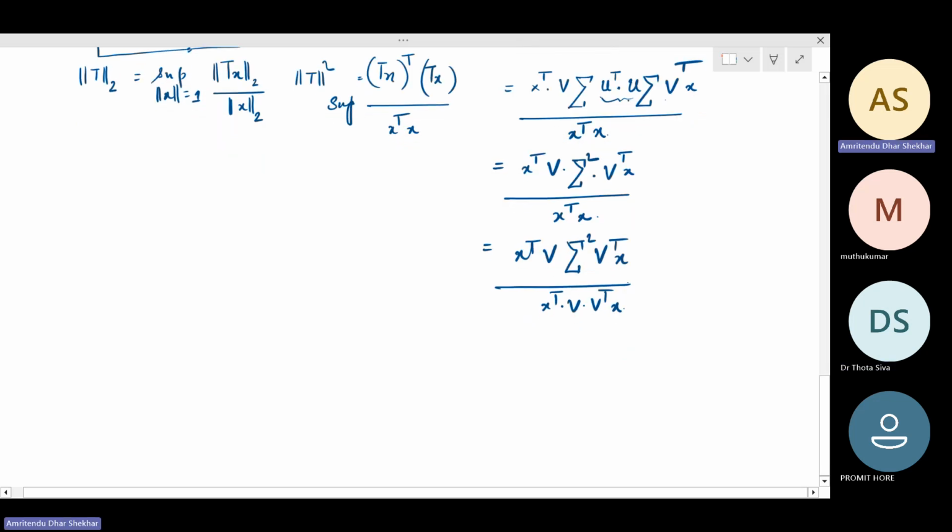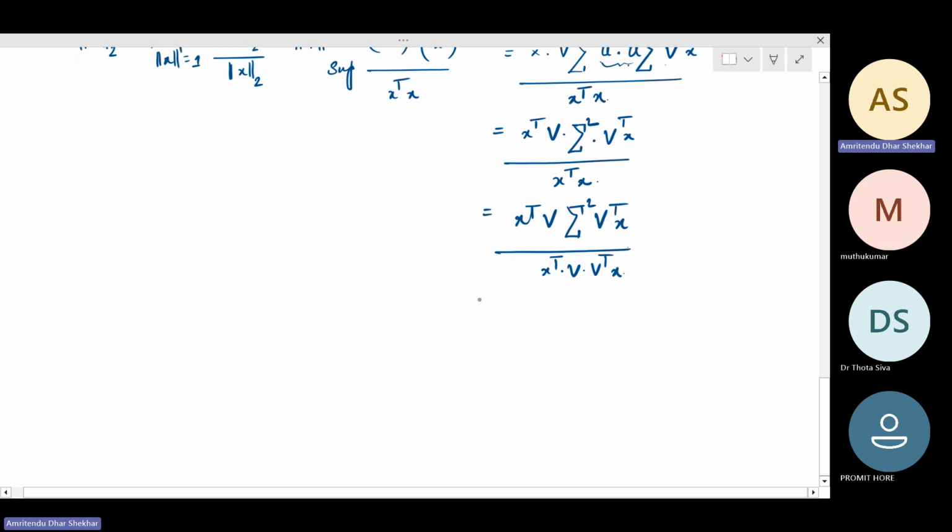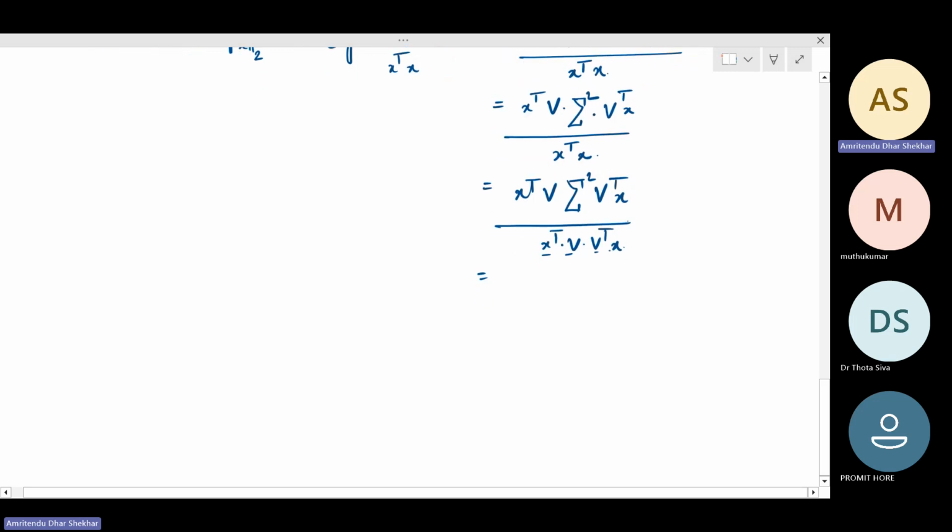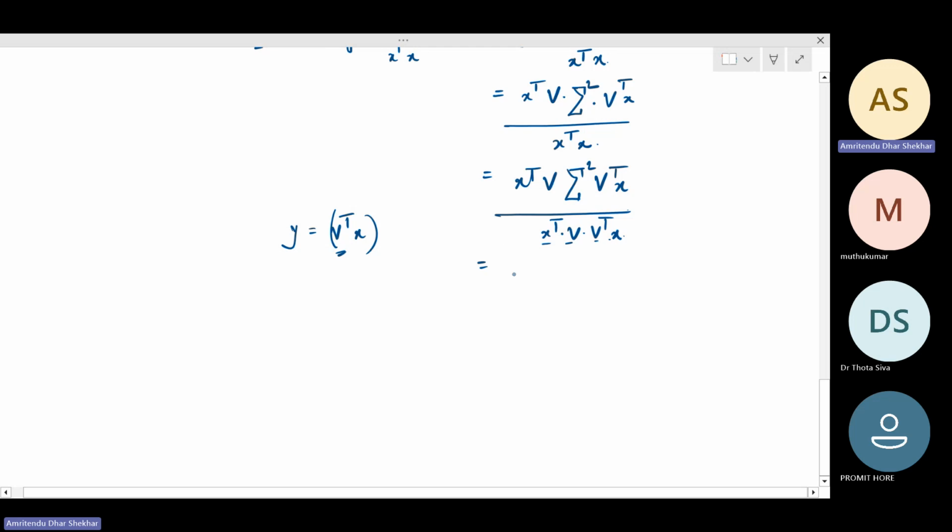And then you can write x transpose x as equal to x transpose V times V transpose x. If you write y as equal to V transpose x, then this form becomes equal to y transpose sigma squared y divided by y transpose y.